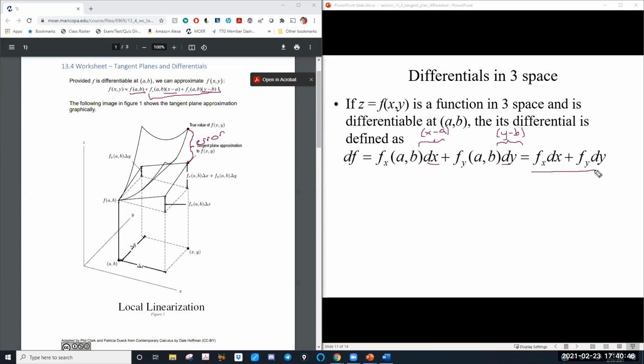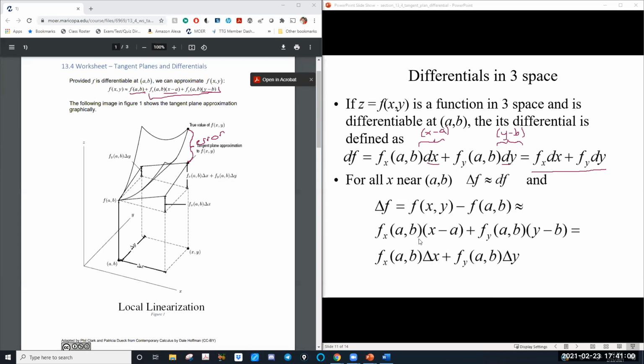Plus it gives us a nice quick shorthand notation for the differential. What I want you to take from this is what the differential is. The differential is an approximation of the change in the function using our instantaneous rates of change.